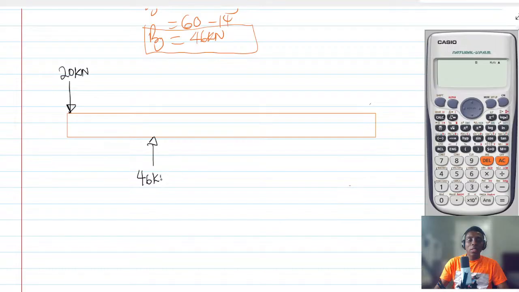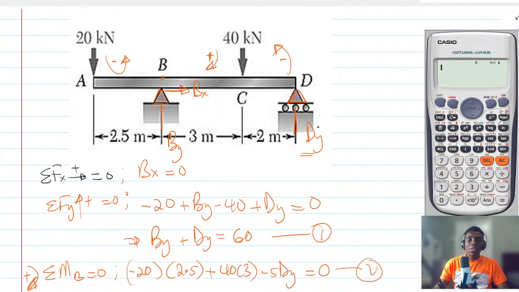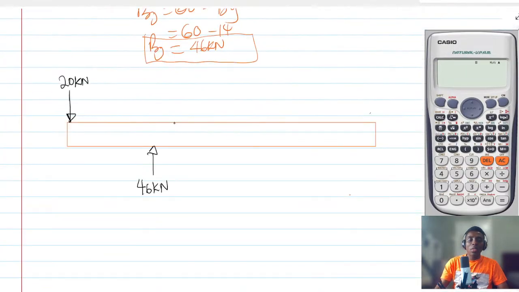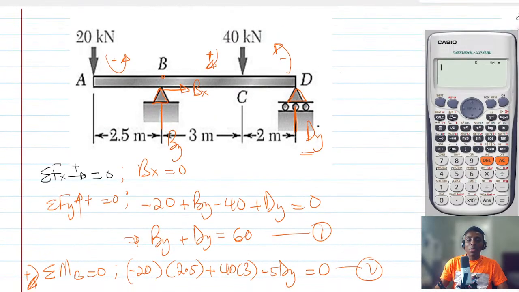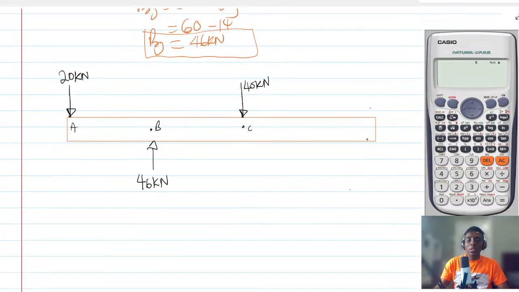So here is 46 kilonewtons. And then we have at point C 40 kilonewtons. And then finally Dy, which is what? Dy is 14.